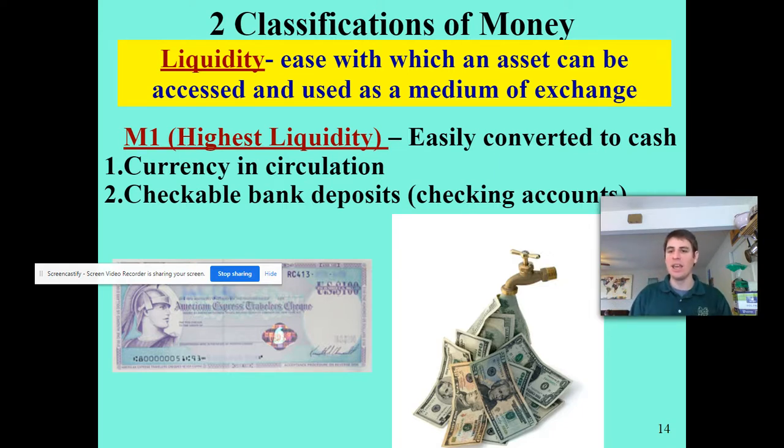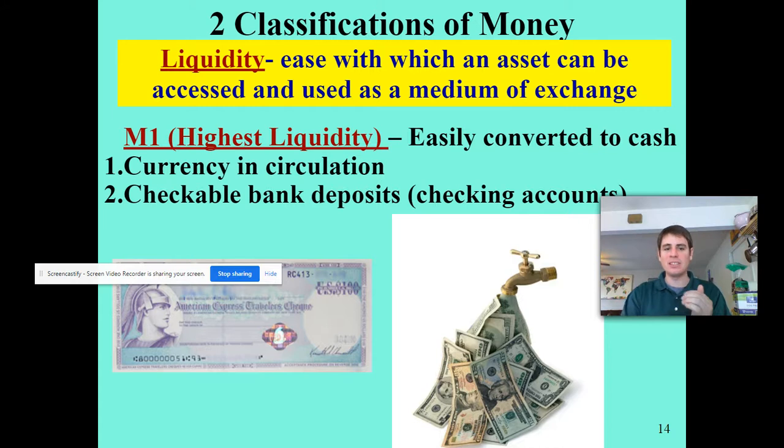That is liquidity. How quickly can it be converted to cash? So the different classifications, M1 and M2, M1 is going to be the most easily converted. And then it goes to M2, which is not as easily converted to cash. M3, which is the most difficult to convert to cash.